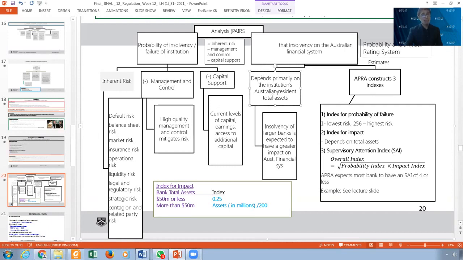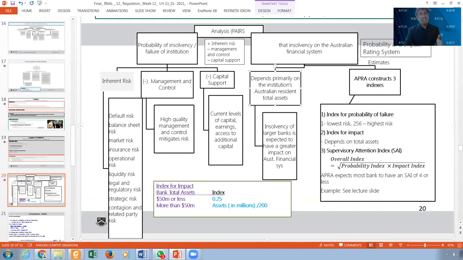In Australia, they developed what you call indexes, which check your risk based on your size. And they develop 4 indexes. One called the index for probability of failure, which is between 1 and 256.